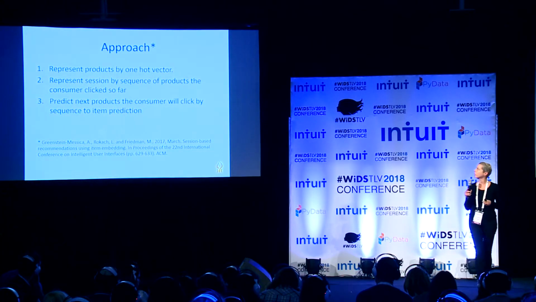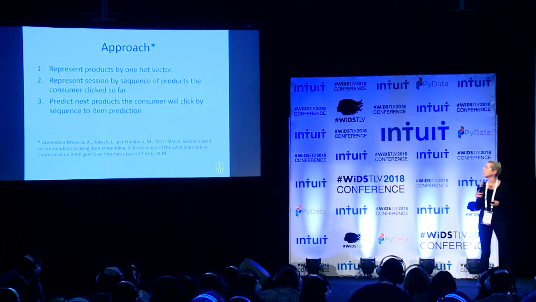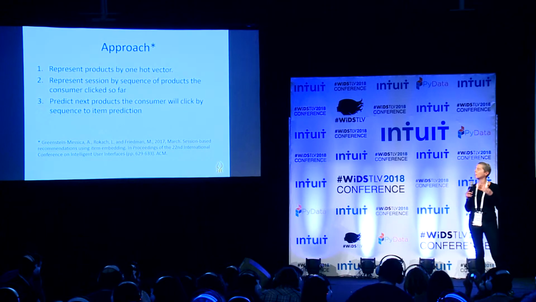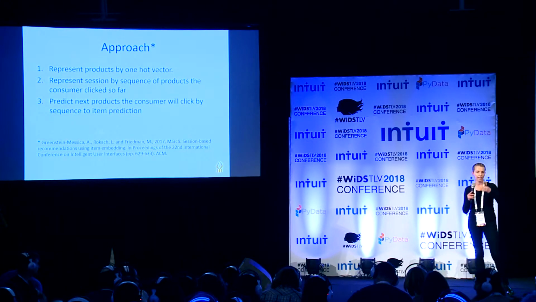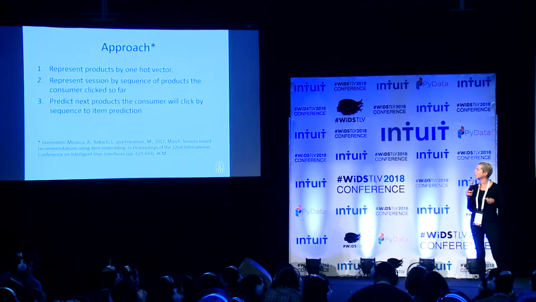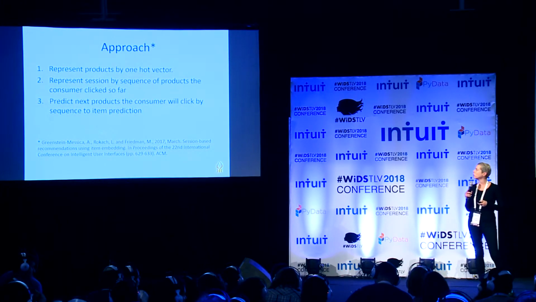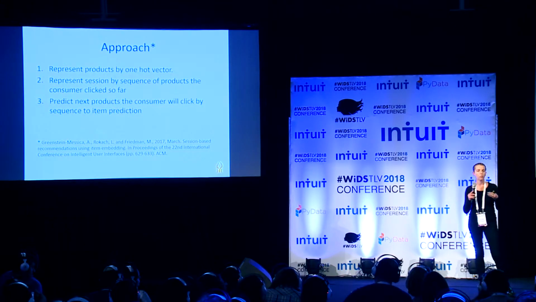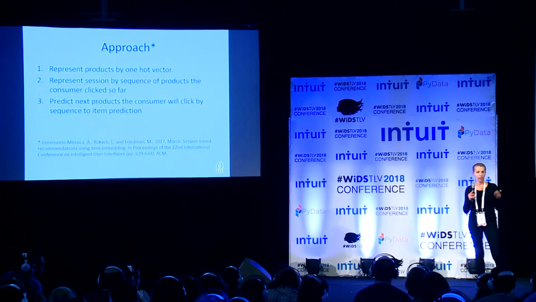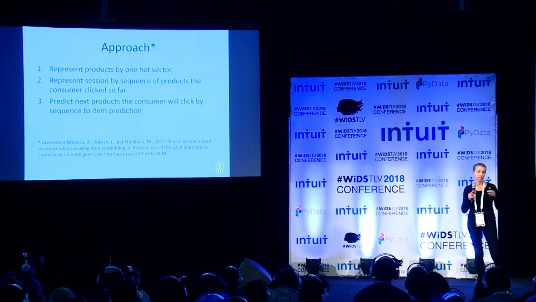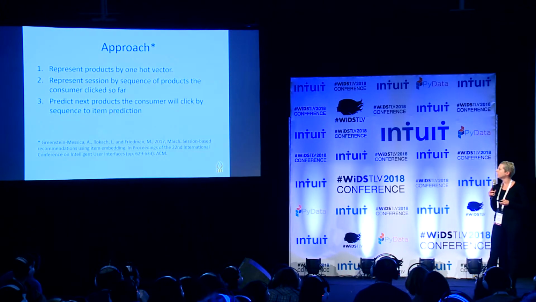A session is a sequence of product clicks, like a sequence of words in NLP. What we want to do is to predict what will be the next product that the user will click. This is similar to NLP: what will be the next word that the user will type, and stuff like that.